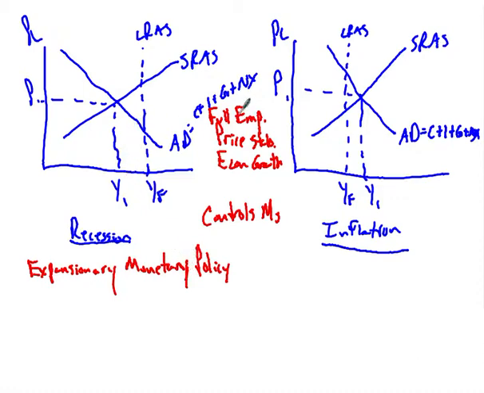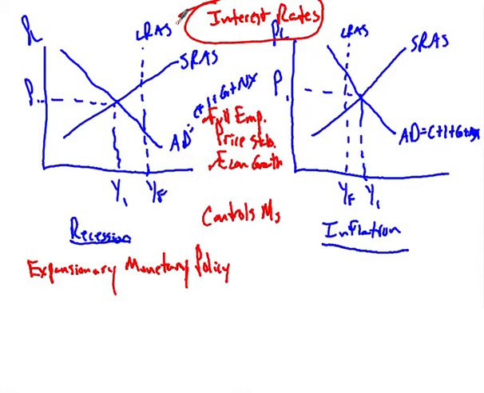So the idea is, if we're in a recession, economic growth and full employment are having some issues, and so they say, how can we cause this to go up? Remember, the Federal Reserve controls, for the most part, interest rates. It's all about interest rates. A lot of the macroeconomy boils down to interest rates.